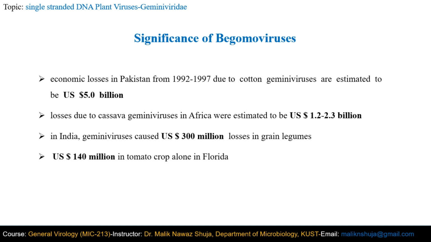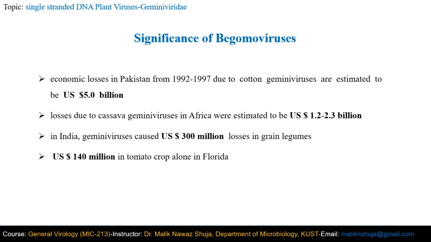But if we are talking about cotton, in a short period, for example 1992 to 1997, Pakistan faced $5 billion in losses because of these cotton-infecting viruses, only in the cotton sector.